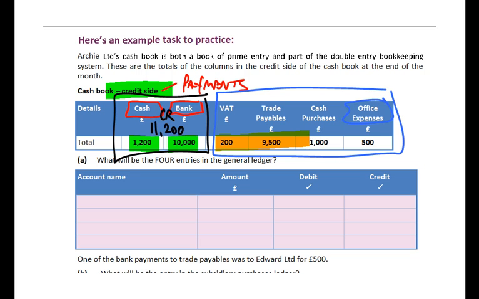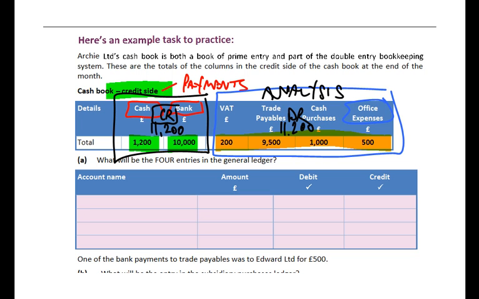That should equal the total of the analysis columns, because the analysis columns are really just helping us with where the other side of the double entry needs to be posted. If we've got credits being posted to both cash and bank, these will therefore be the debit balances being posted to the various other accounts. In fact, if you add up 200 plus 9,500 plus 1,000 plus 500, you should find that that comes to 11,200 as well.